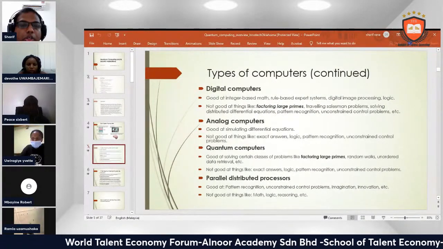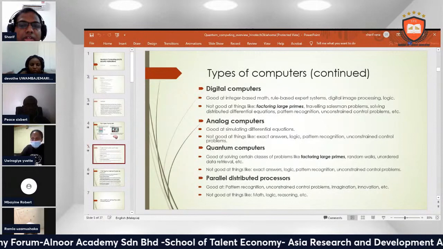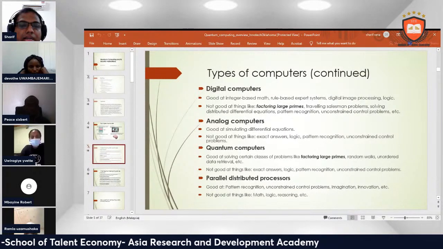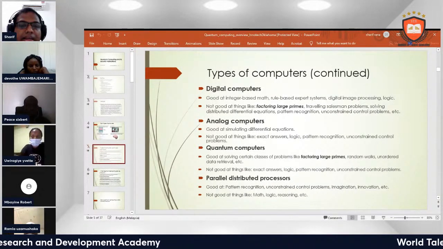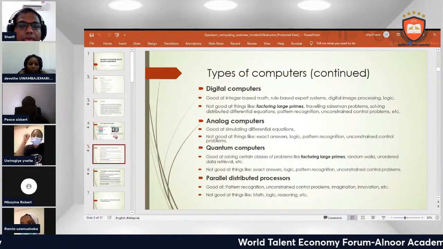Quantum computers: good at solving certain classes of problems like factoring large primes, random walks, unordered data retrieval, etc. Not good at things like exact answers, logic, pattern recognition, and constraint control problems.